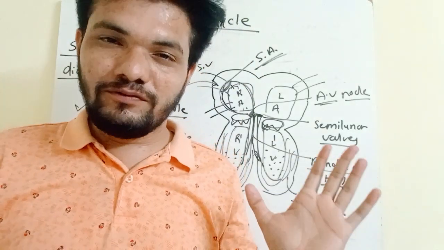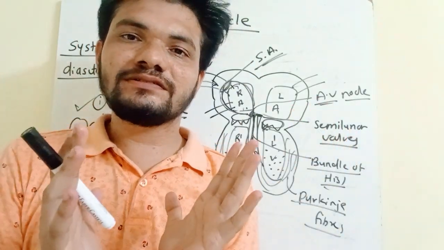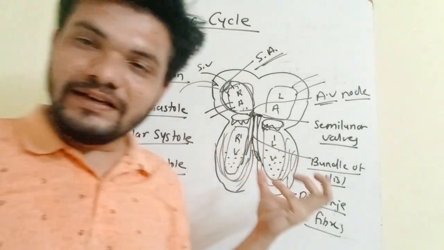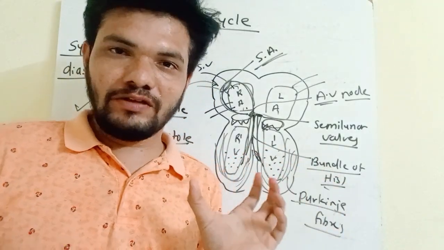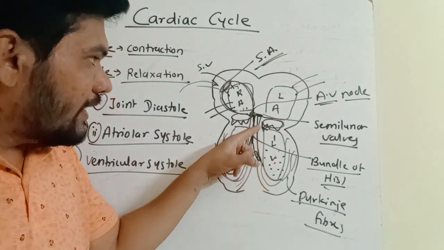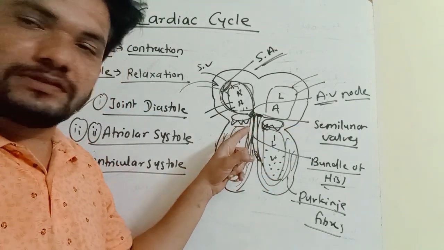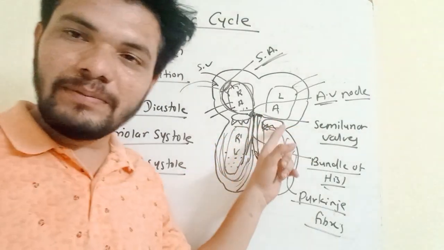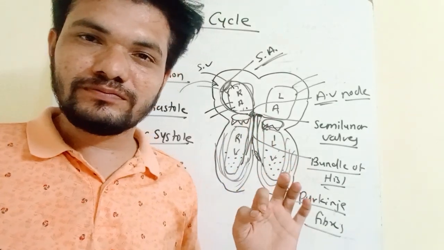In ventricular systole, the ventricles will contract, which will increase the blood pressure in the ventricles, which leads to the opening of the semilunar valves and closing of the bicuspid and tricuspid valves.